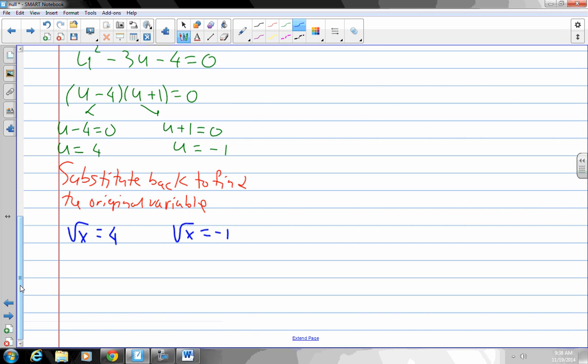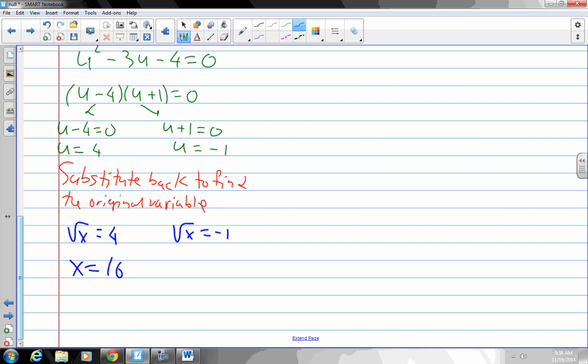Right? So the first one, if the square root of x equals 4, what is x? 16. X equals 16. Well, this one has no solution. Square root of x cannot equal negative 1. And this is that extraneous solution. But you see, I catch it really early. I don't need to solve this because that has no solutions.